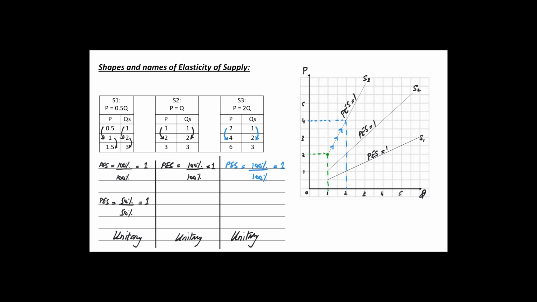Let me tell you why this PES is equal to 1. If you take a ruler and extend these lines, there's one thing in common: they are all branching out from the origin, the 0 point. Now remember, I'll put a note here.